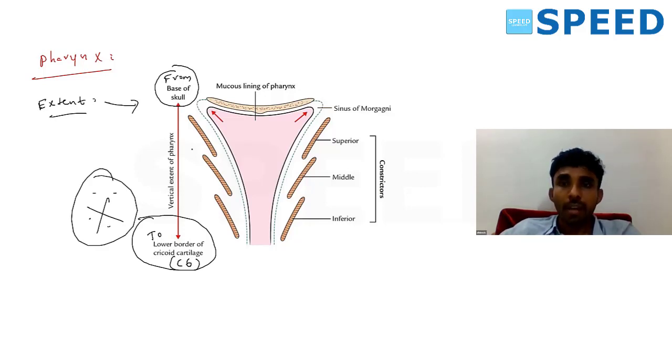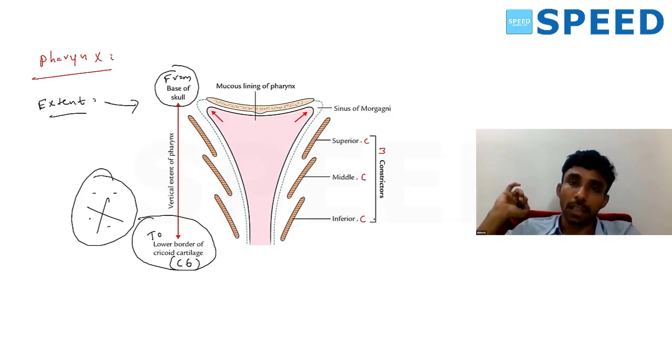And remember, the pharynx is surrounded by 3 constrictor muscles. From above downwards, they are named superior constrictor muscle, middle constrictor muscle, inferior constrictor muscle. And what is sinus of Morgagne?